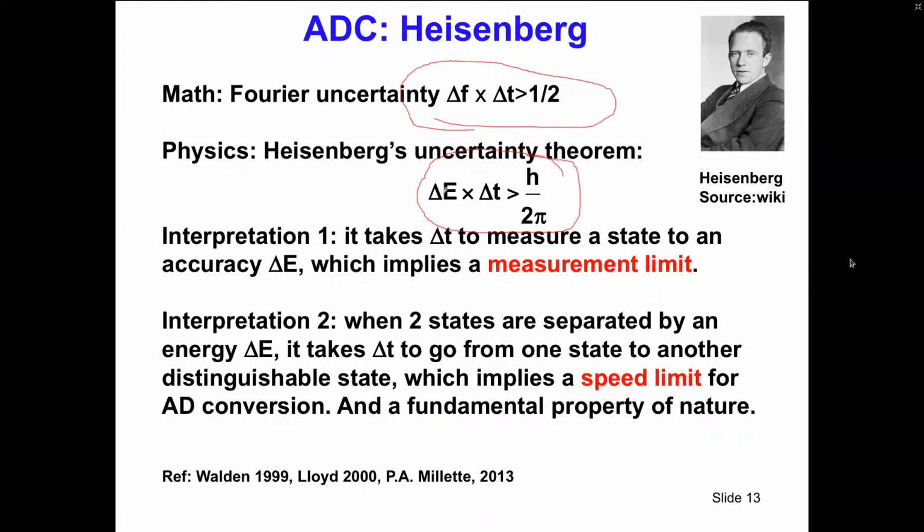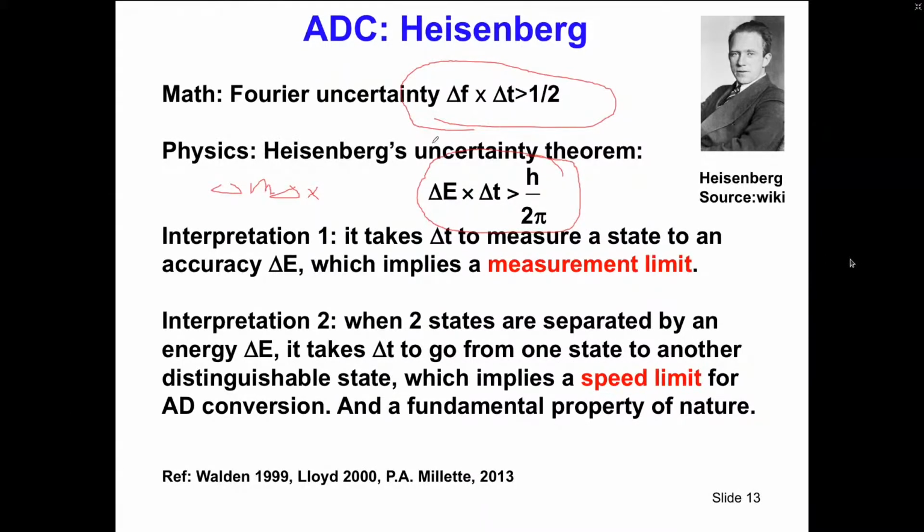So you have here delta energy times delta t must be bigger than Planck's constant divided by 2 pi. You have also the same for delta momentum times delta position, that must be bigger than that. And so there are quite a bit of reformulations of Heisenberg's uncertainty theorem. I'll show you in a minute that it also applies to A to D converters.